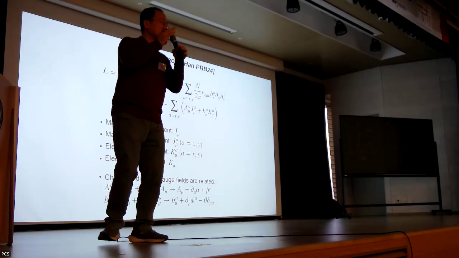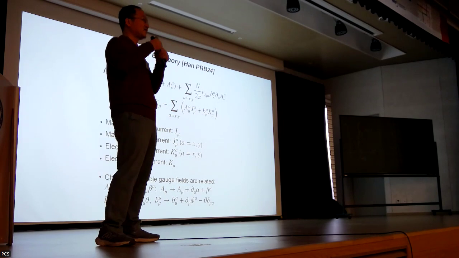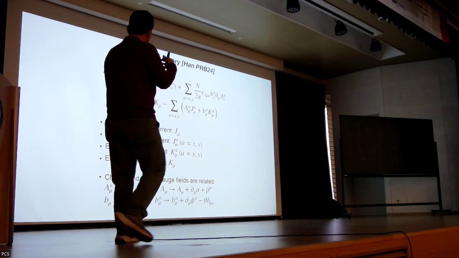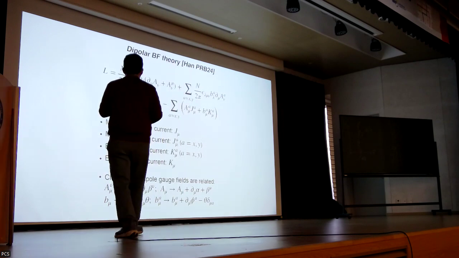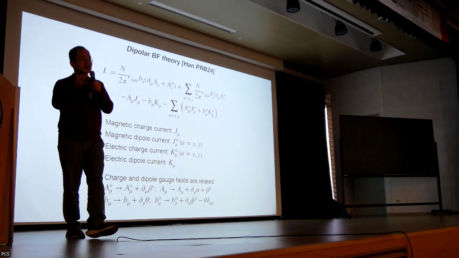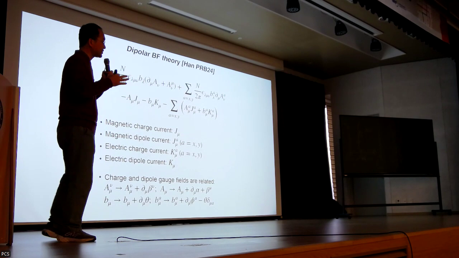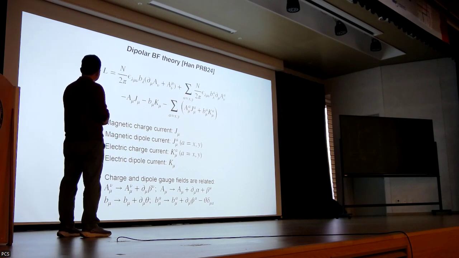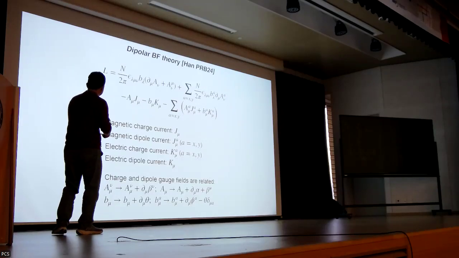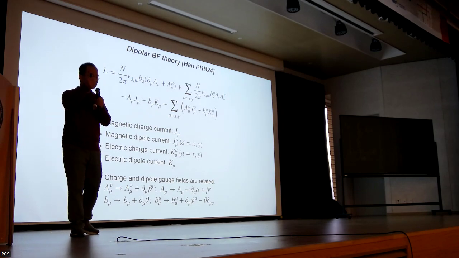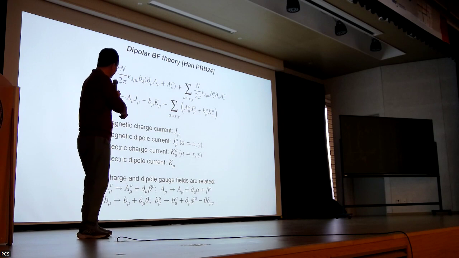So the structure of this theory is that you have one gauge field per anyon. But then because there are several anyons, you need to introduce several copies of them. And then you also need to couple them to various currents. So here you have not only the M anyon, what I call the magnetic charge.